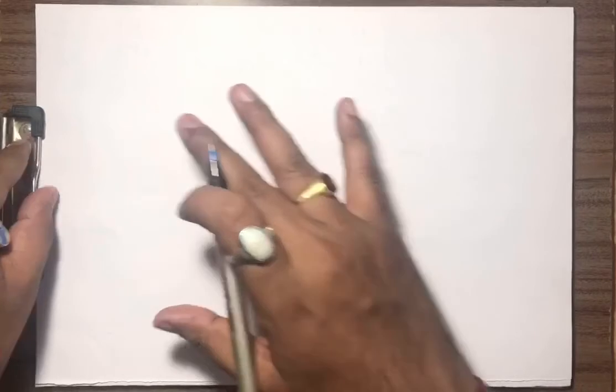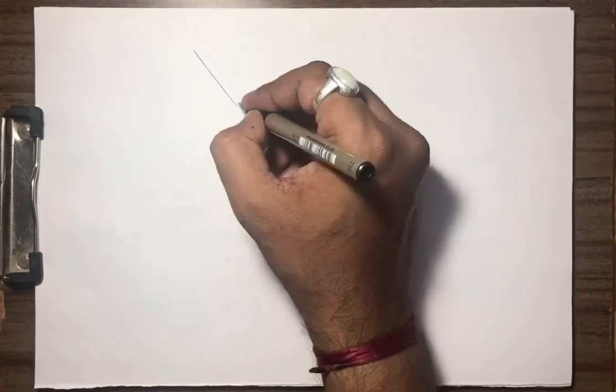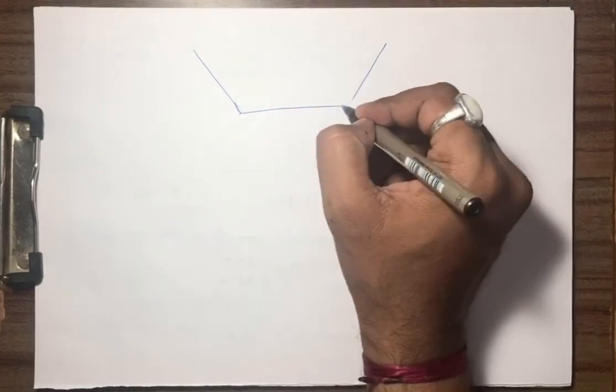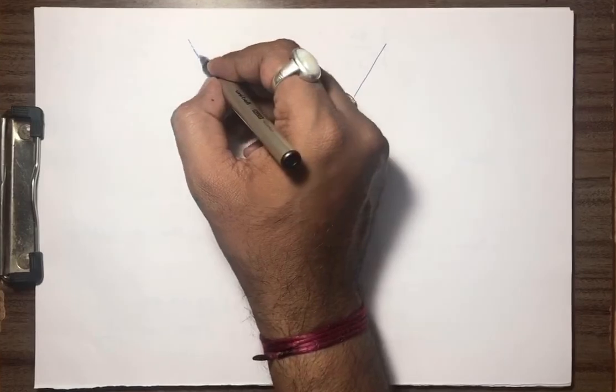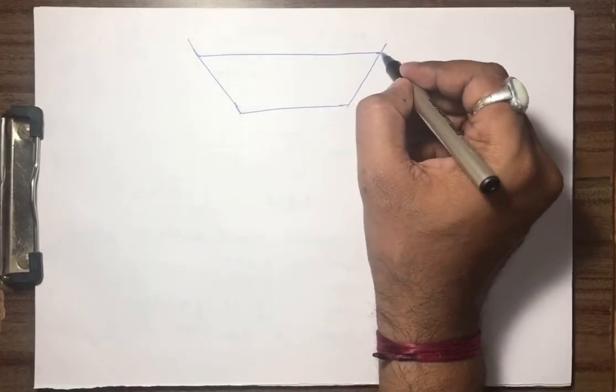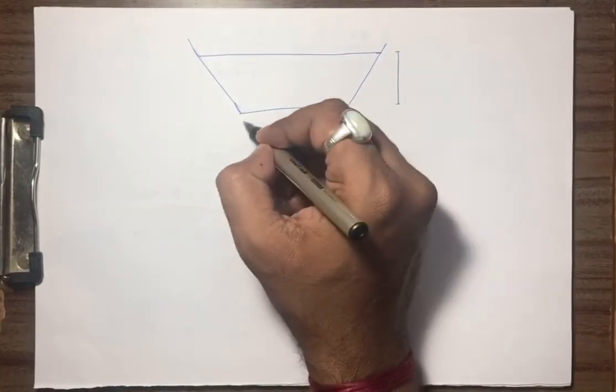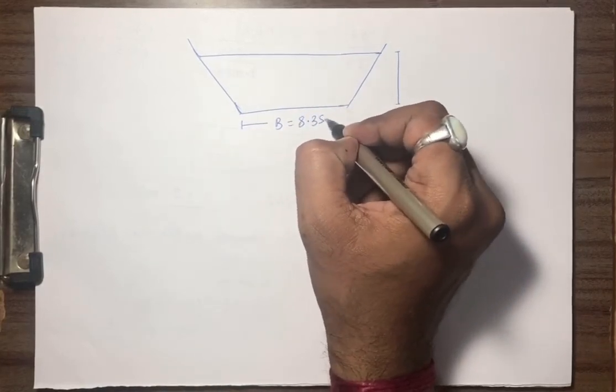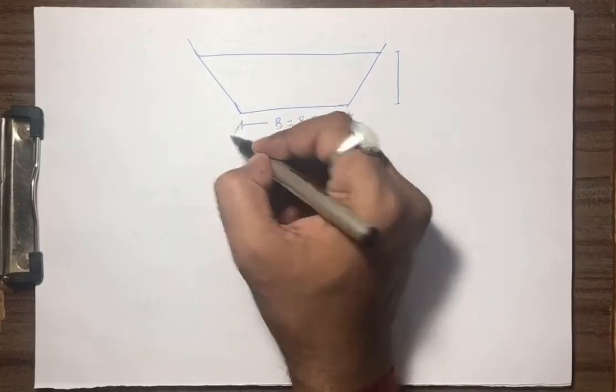I think one student asked the difference between side slope and bed slope. So this is the cross section of our channel, which is trapezoidal. This is B, which is 8.35 meters.